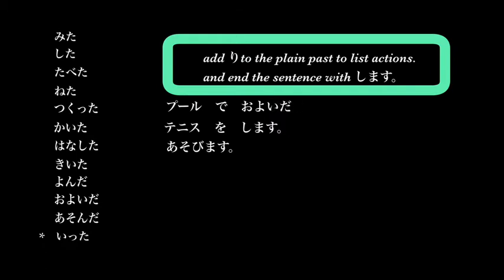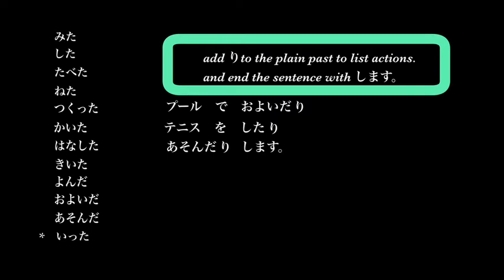We change the ending oyogimasu to oyoida. For tennisu o shimasu changes to tennisu o shita. And asobimasu becomes asonda. Then we're going to add ri to each of those verbs, and we get oyoidari, shitari, asondari.